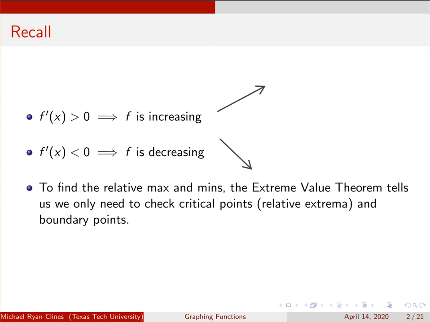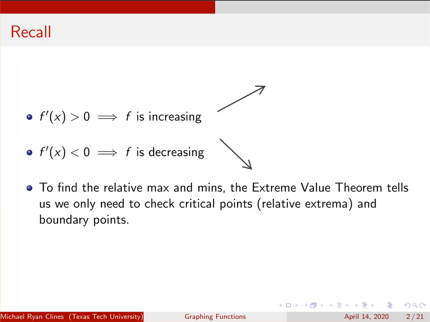So to recap the extreme value theorem, if we have a continuous function f on a closed interval a to b, then we know that there exists an absolute maximum and an absolute minimum. But the thing is, these maximums and minimums can only occur at critical points and at the endpoints.